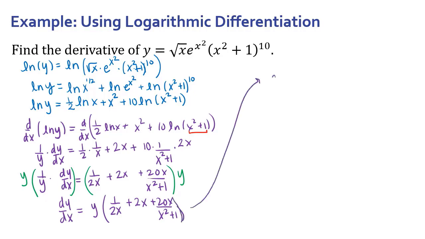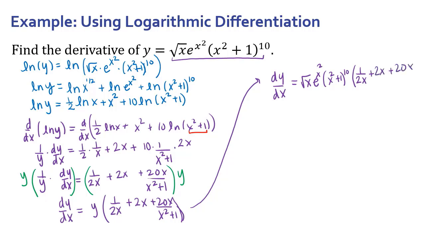And now I can substitute in what y is since I have it defined in terms of x. So that's the square root of x times e to the x squared times (x squared plus 1) to the 10th power, and then times this entire thing: 1 over 2x plus 2x plus 20x over x squared plus 1.